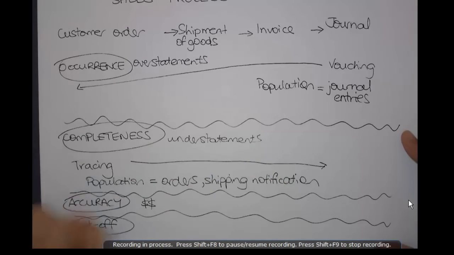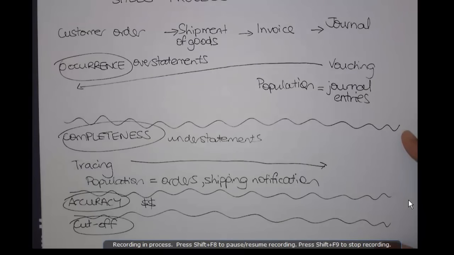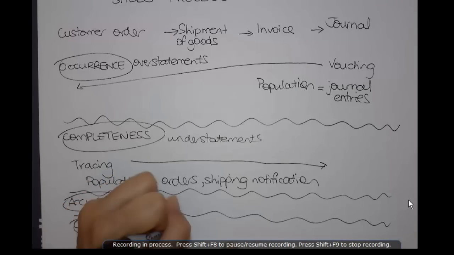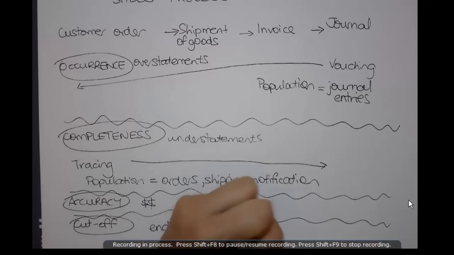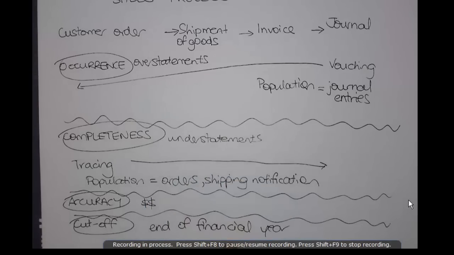And then our last one is our cutoff assertion. Which financial period should I be recording my transactions in? Remember, this is a very specialized test around the end of the financial year. So our population there is going to be related to transactions slightly before and slightly after the end of the financial year.